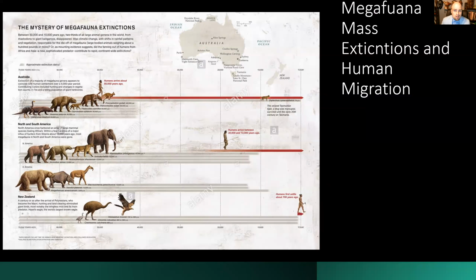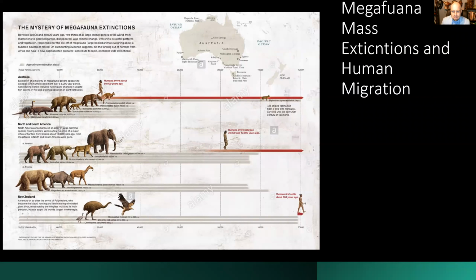Megafauna are defined as animals that are larger than 40 kilograms, or about 100 pounds or so. We have a major extinction that occurs in Australia around 50 to 40,000 years ago. We have a major extinction that occurs in North America around 20 to 8,000 years ago. We have a major extinction that occurs in the Pacific Islands, especially places like New Zealand, 800 years ago.